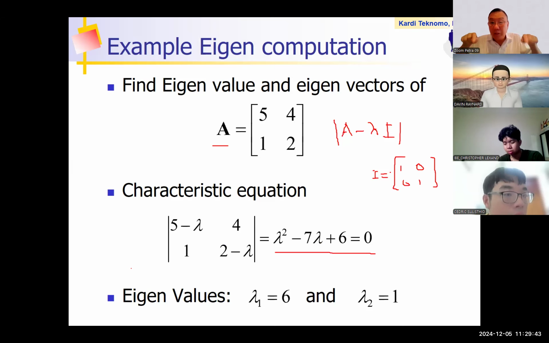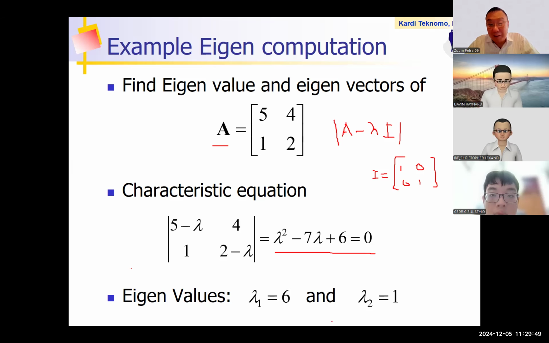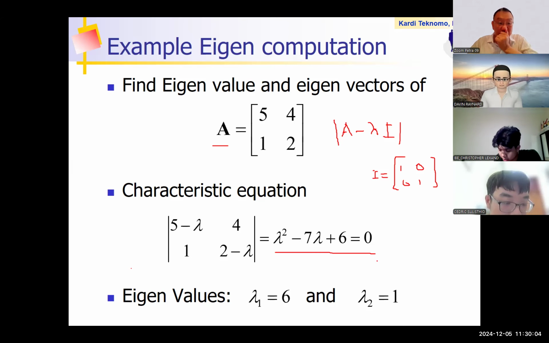That's why when you multiply the eigenvalues you get back the determinant, because initially you get it from there. Okay, sir, thank you. Clear? So you know how to do the characteristic equation.